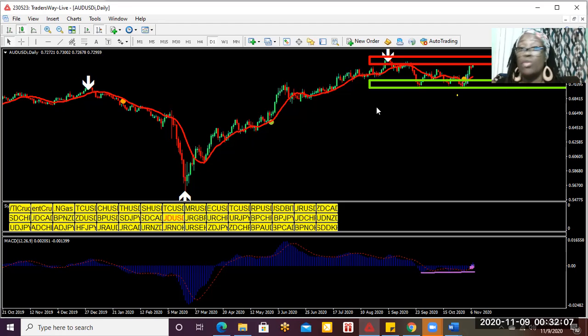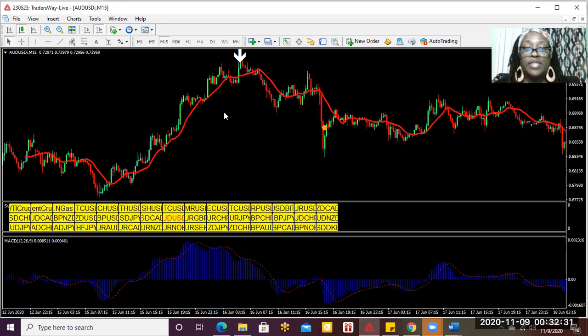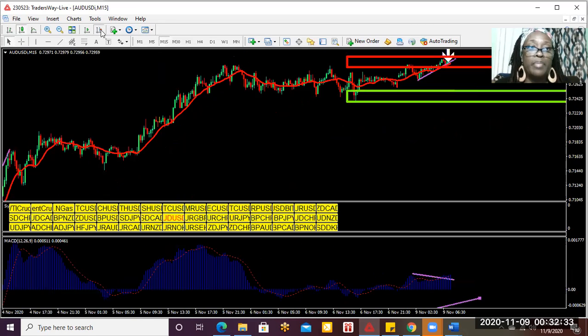We're clear on USD, but Aussie has a different behavior. So it's going to take time to do whatever it's going to do. But what we do know is that the dollar is going to gain strength based on the DXY. So we do expect Aussie USD to drop once it gets into the zone. And that's what we're seeing here on the 15-minute. So it's in position.